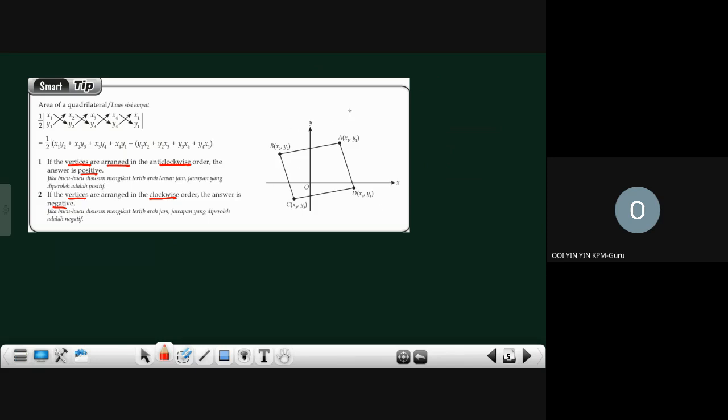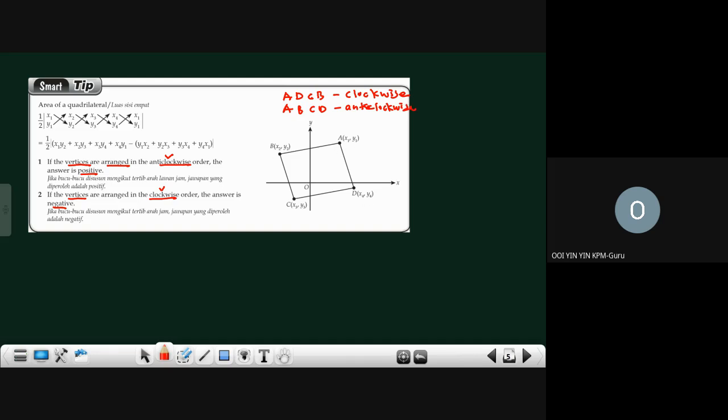Your points must be in order of either anti-clockwise or clockwise. That means if you start with A, clockwise will be A, D, C, and B. And if it's anti-clockwise, it will be A, B, C, and D. What I want to tell you is you must follow the sequence.